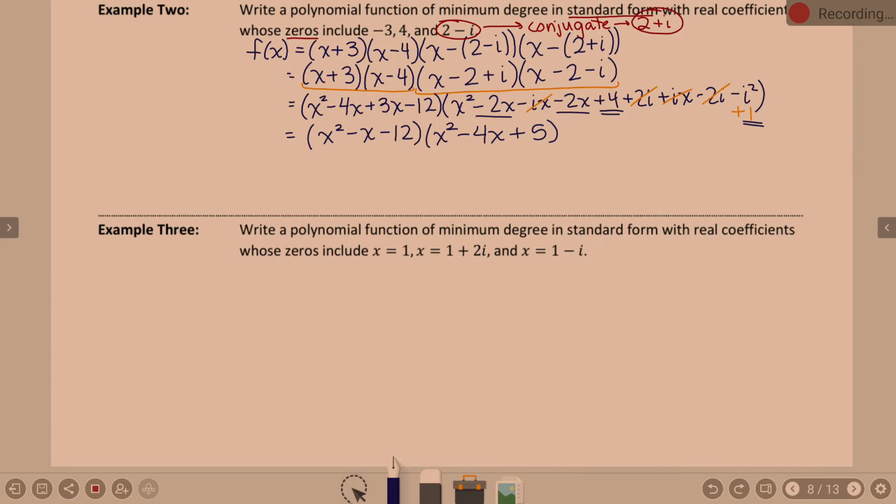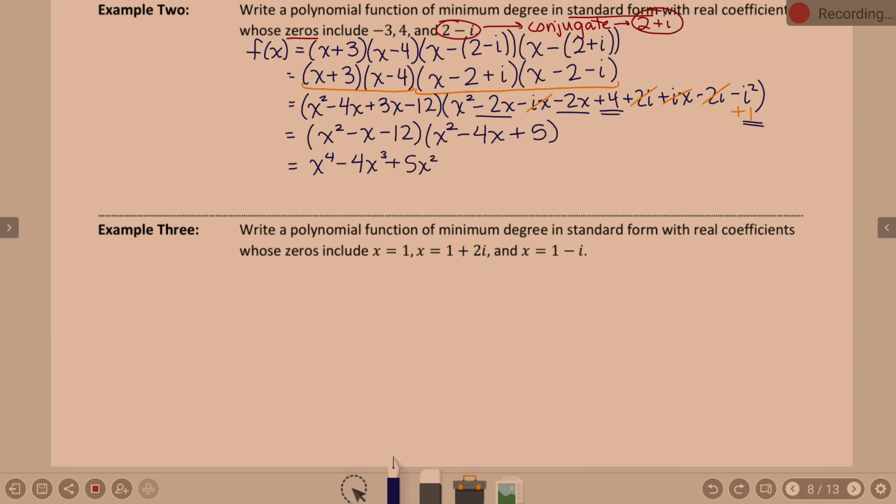And one more time, multiply away. I'm going to start with x squared in the first parenthesis times everything in the next parenthesis. So x to the fourth minus 4x cubed plus 5x squared.